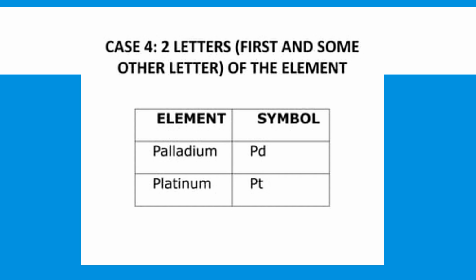Then for some elements, the first letter and some other letter in their name is used. It is not necessarily the second or third letter, but some other letter. For example, you are seeing here palladium, Pd is the symbol. Platinum, Pt.